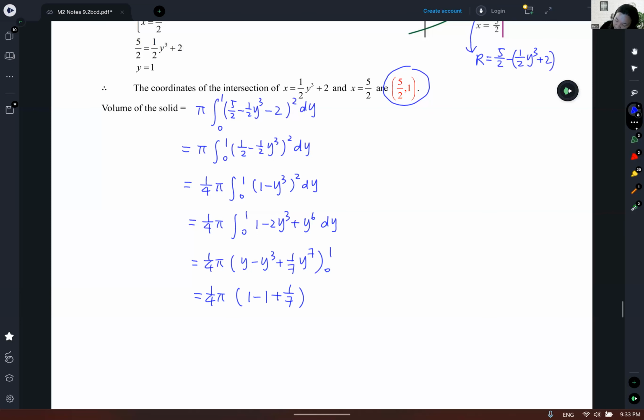Yes, it's 1 over 4 y to the power 4. That's not 1 over 4, it's 1 over 2, sorry. 1 over 2. So 1 minus 1 over 2 plus 1 over 7. That's why.